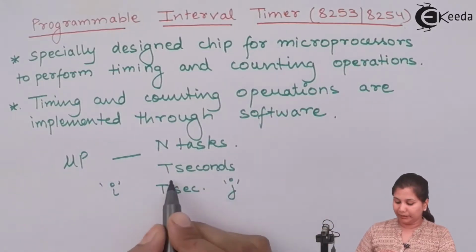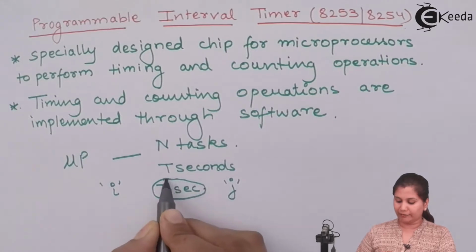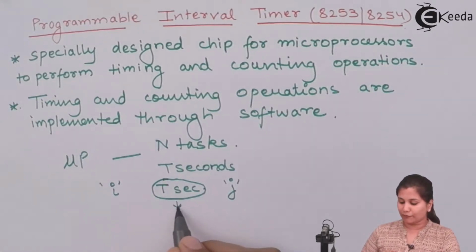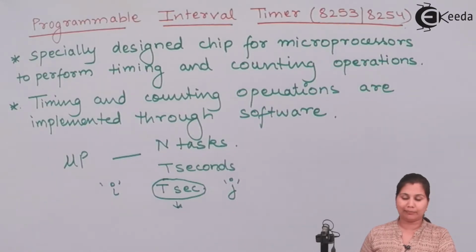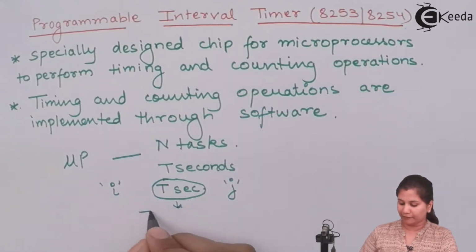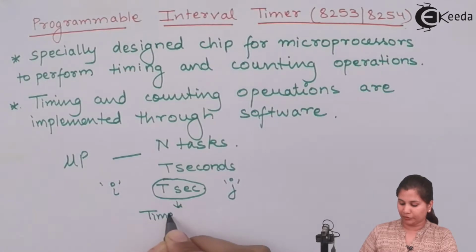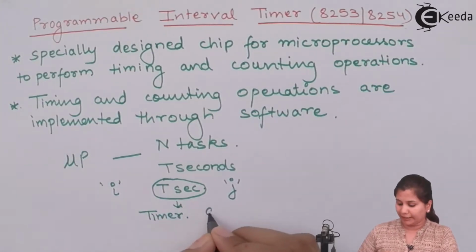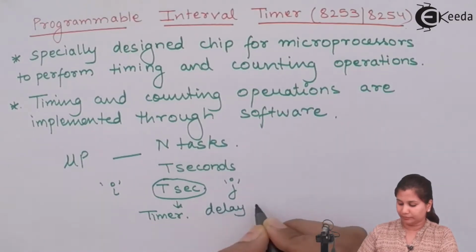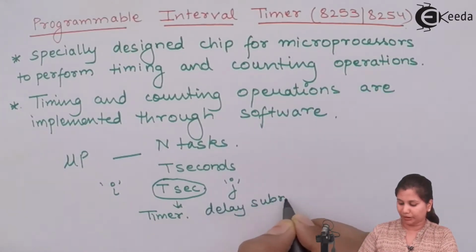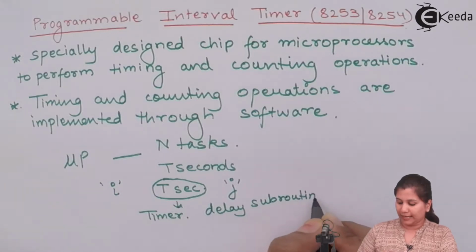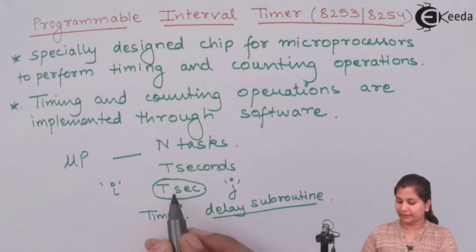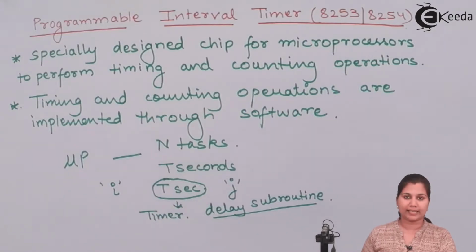Now if we want this time delay of t seconds through the microprocessor, then the software solution is that we will write a delay subroutine, and this delay subroutine provides the time delay of t seconds.